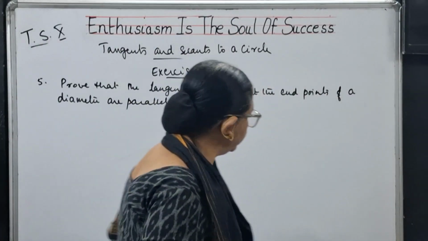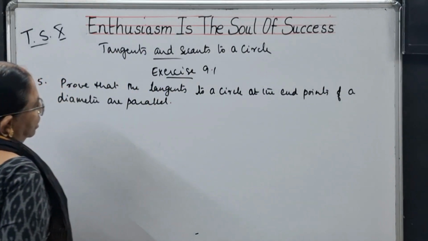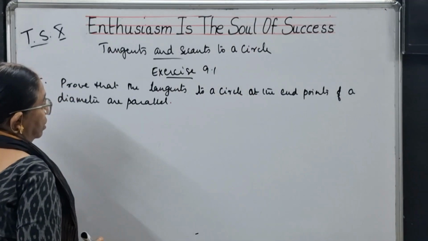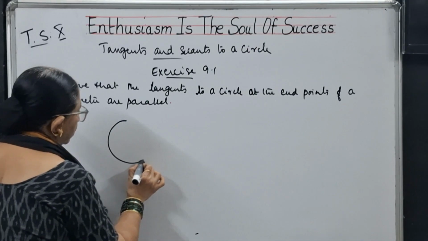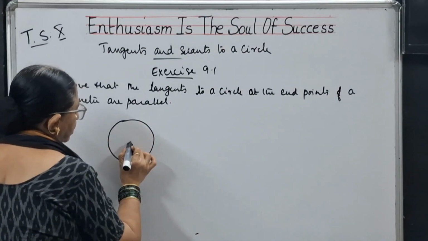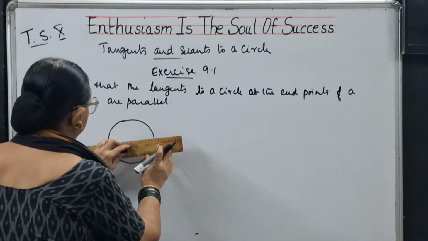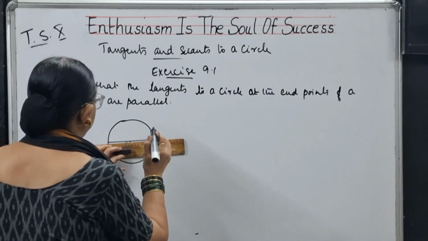Now fifth question, children. Prove that tangents to a circle at the end points of a diameter are parallel. Very important question, children. So you have got a circle with center O. Now let me consider this as a diameter.